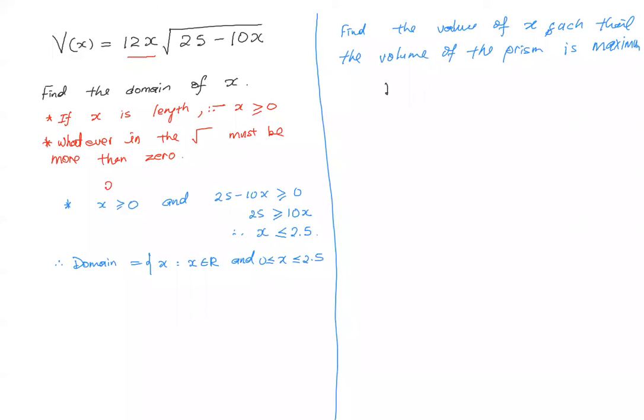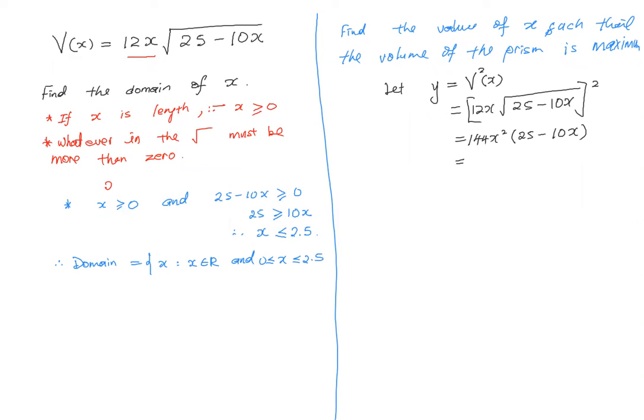I let y be equal to V squared. So that means my y is 12x times the square root of 25 minus 10x, the whole thing squared. So this will be equal to 144x squared times (25 minus 10x). I can take out the 5. Can you please take out your calculator?